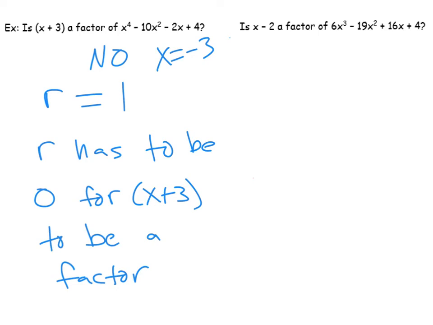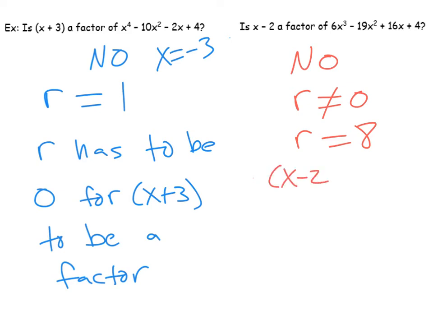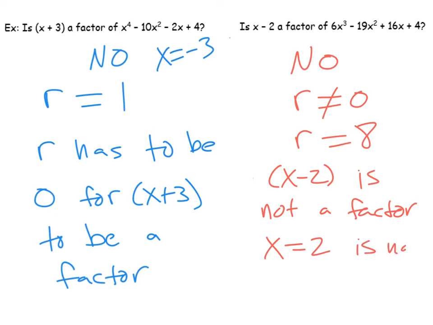Over on this next one, was x minus 2 a factor of that third degree polynomial? No. R wasn't 0, R was 8. Okay, again, to recap what that means, x minus 2 is not a factor. x equals 2 is not a 0.